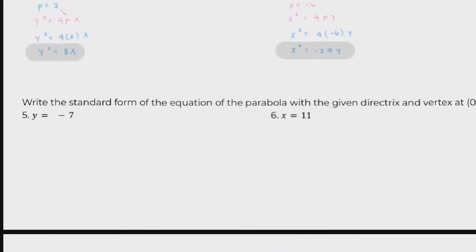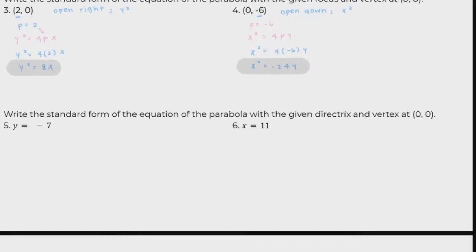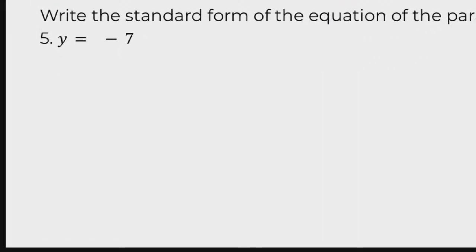Okay, next we want to write the standard form of the equation of the parabola with the given directrix and vertex at 0, 0. So this time we kind of have to think like opposite, if that makes sense. So here, let me draw a graph, it might be a little easier to see. We know the vertex is going to be here, and y equals negative 7 is going to be down here somewhere. So that means our graph has to open up because it won't cross or touch the directrix. It's always going to be in the other direction.